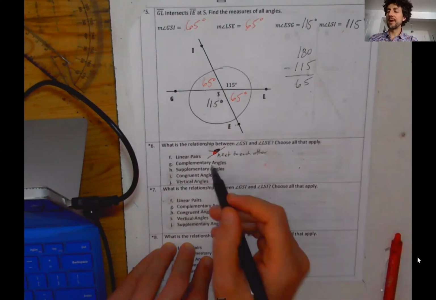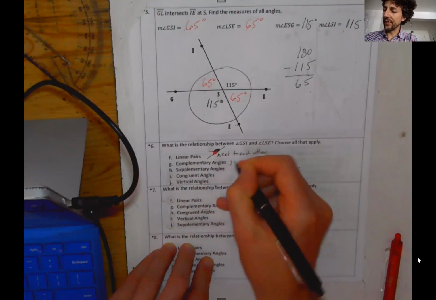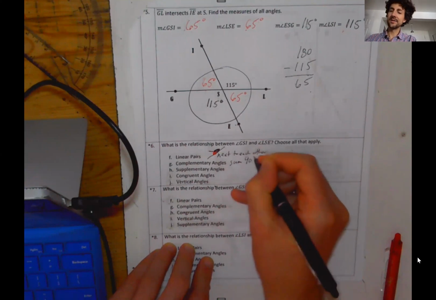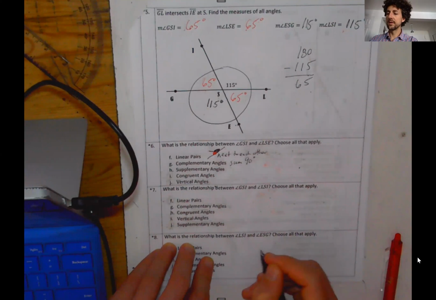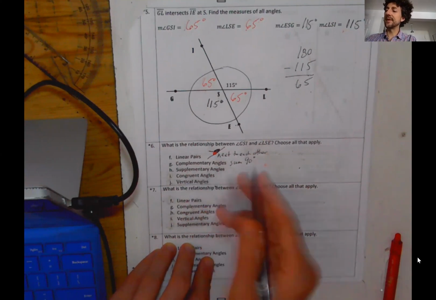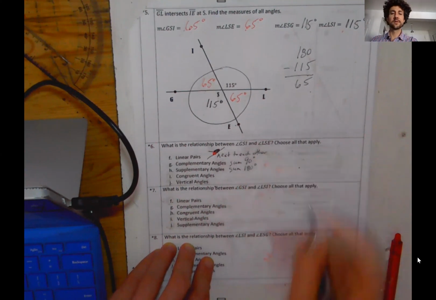Complementary angles, you can look up on the reference sheet, are angles that sum to have a total of 90 degrees. Supplementary angles are found the same way, except their total is 180 degrees.